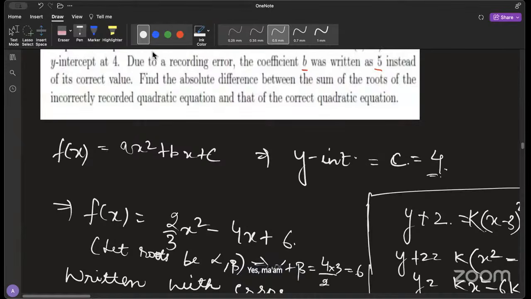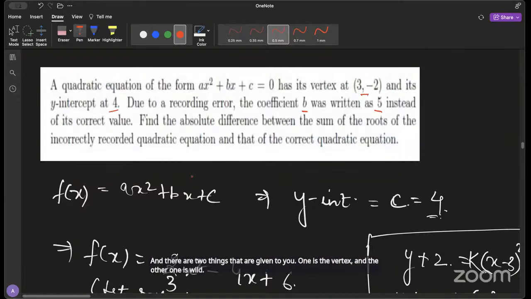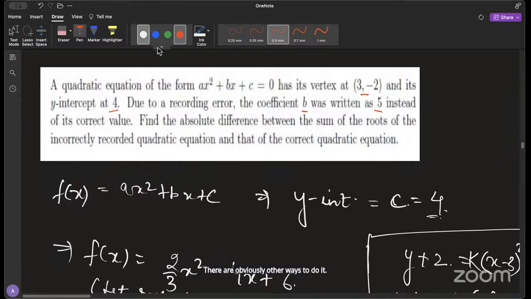Yes, ma'am. Okay. So you've been given that the quadratic equation is of this form, right? And there are two things that are given to you. One is the vertex, and the other one is the y-intercept. There are obviously other ways to do it, but the simpler one is this one.